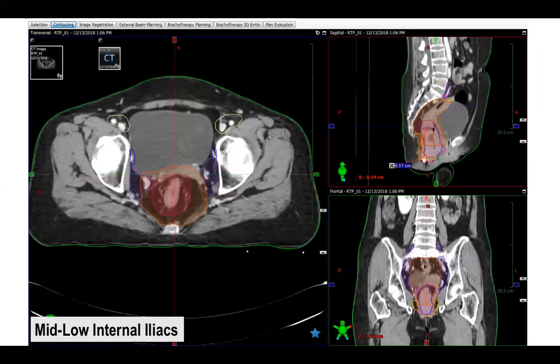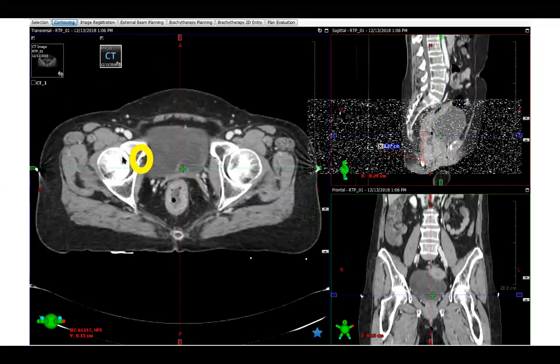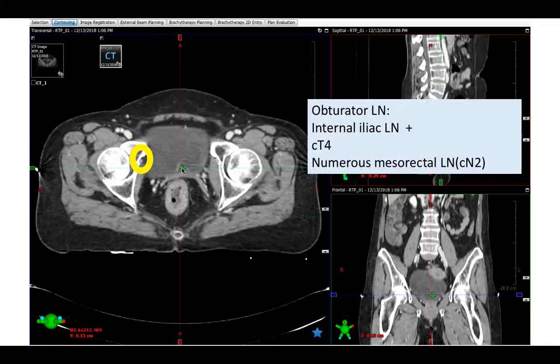So the middle, this is what we have already talked about. Now if we come to where we end and where the inguinal or the external iliacs will start, this is what we have talked about. The obturator, as I already said, is not to be included in all cases. It is to be included only in advanced cases when the tumor has already invaded into the anterior structures.